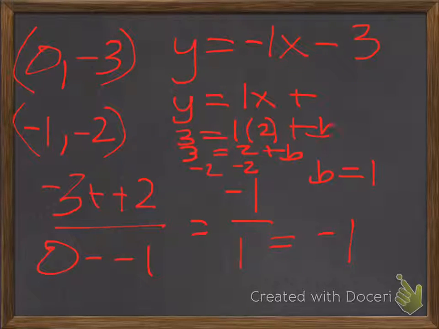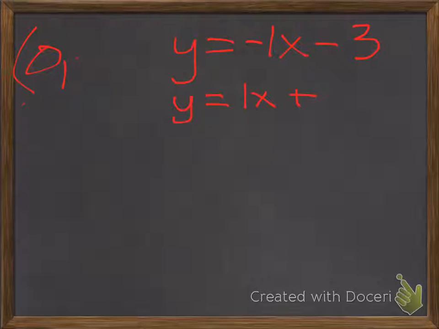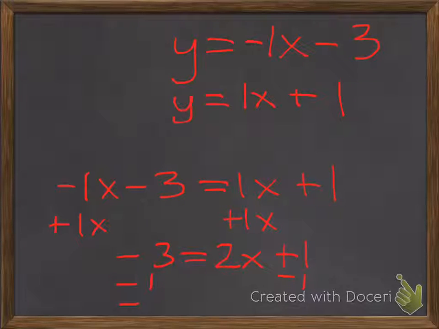So my two equations are y equals negative 1x minus 3 and y equals x plus 1. We're going to put those equal to each other to solve. So x would be negative 2.